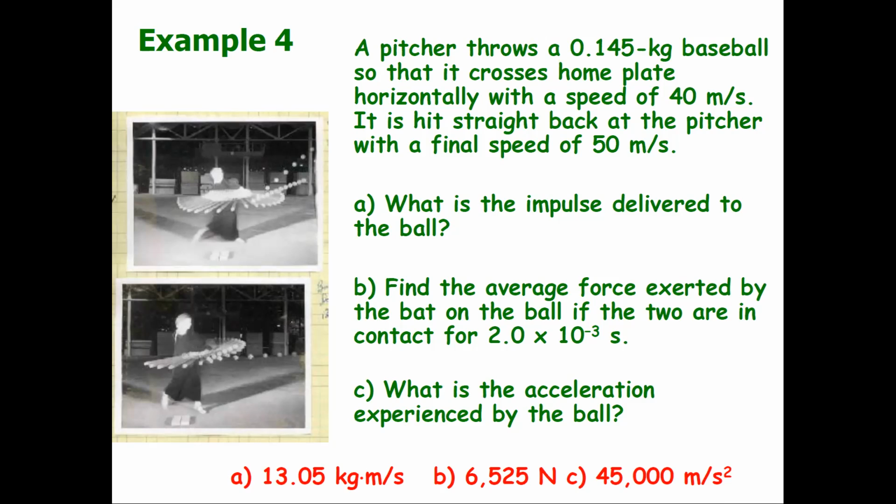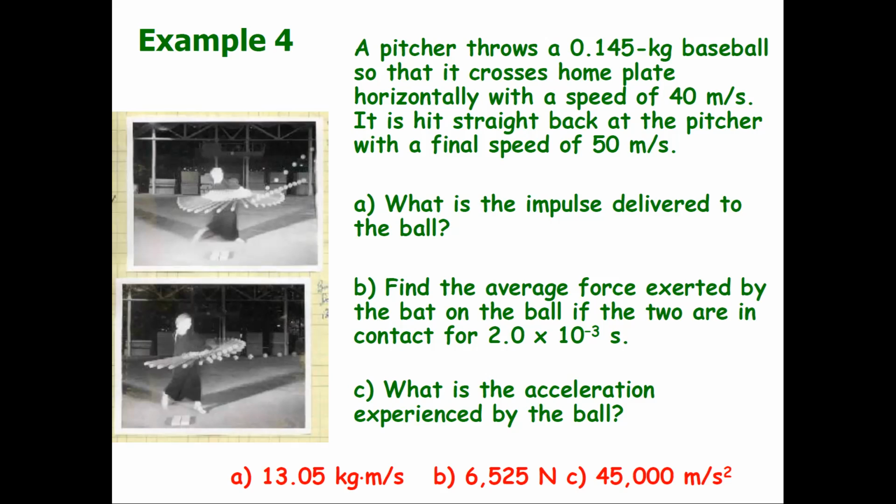The first thing is to collect our data. We've been given the mass, we know the horizontal speed, and we have been told that it is hit straight back at the pitcher with a final velocity of 50. So we need to calculate the momentum before and the momentum after. We have 0.145 kg, which we multiply by 40.